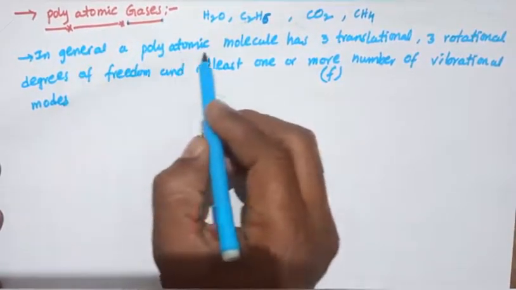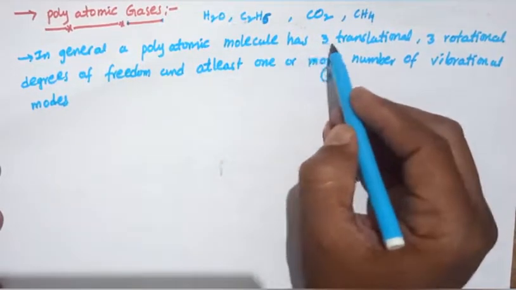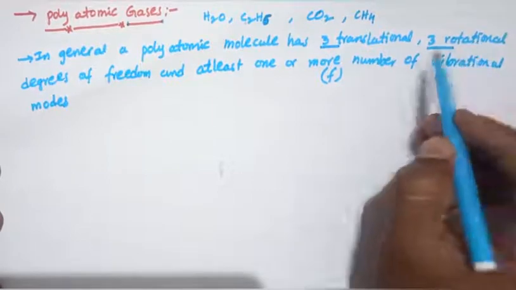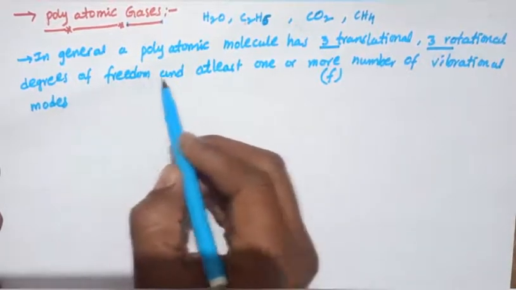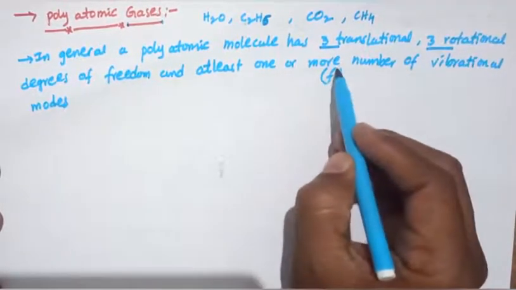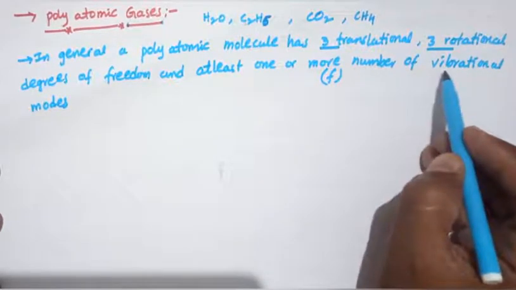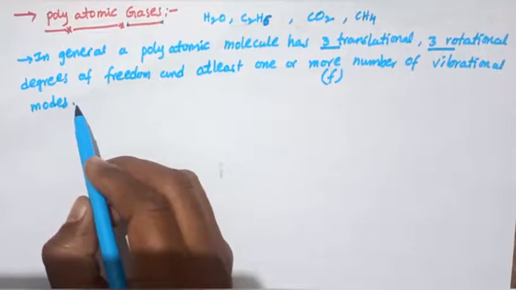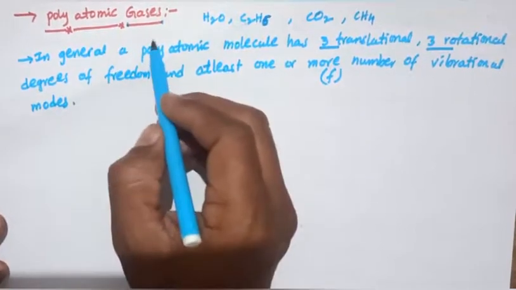In general, a polyatomic molecule has 3 translational, 3 rotational degrees of freedom and at least 1 or more vibrational modes.